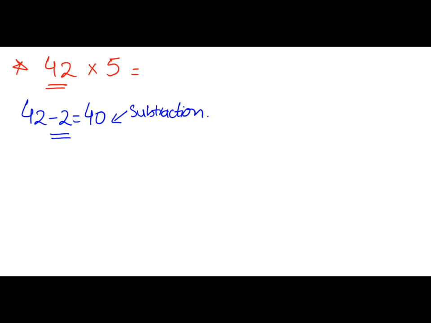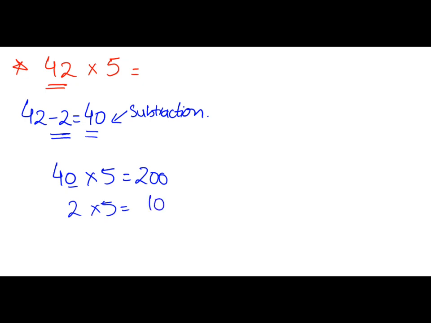As we get our 40, I'm going to multiply this 40 by 5 first. 5 fours are 20, and this is 0, so I'm going to add a 0 here. Now I subtracted the number 2, so this 2 is also going to be multiplied by 5. It will give me 10.